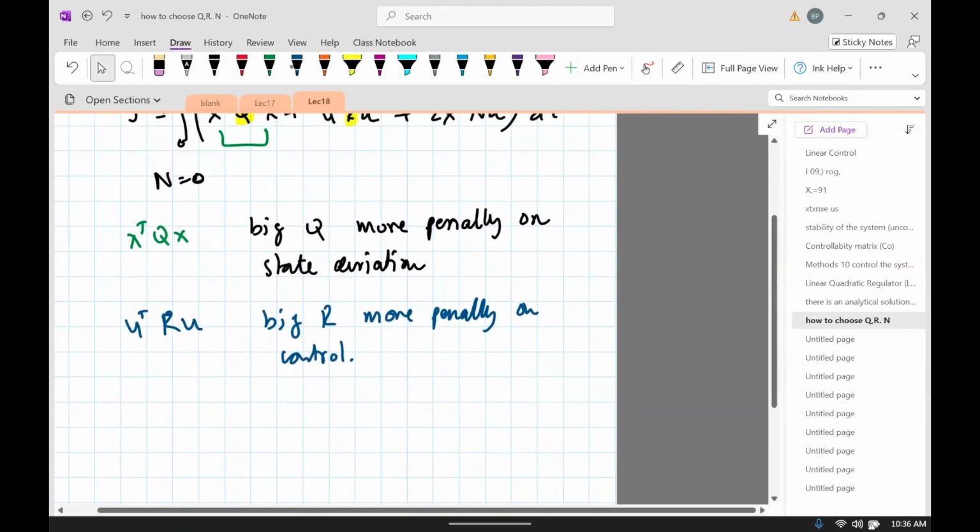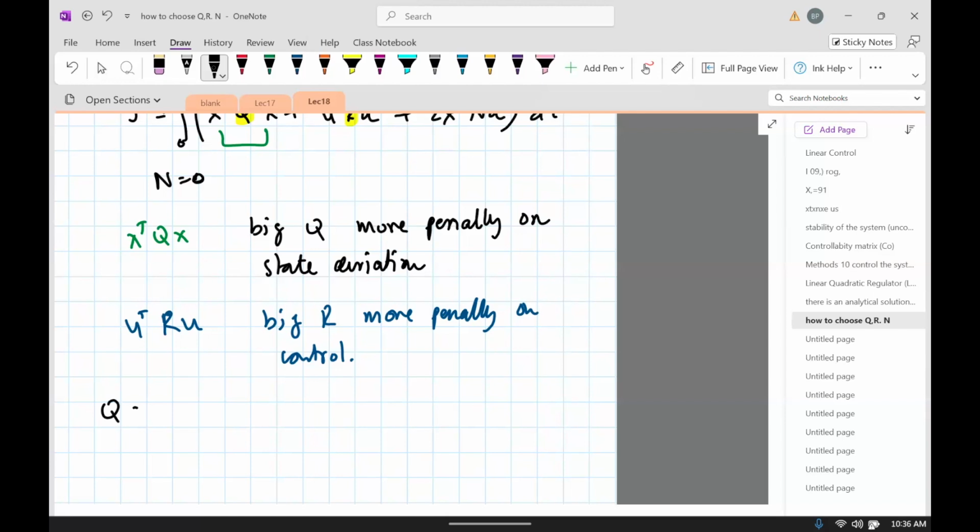So this is just a one scalar example, but how do you do it for something which has 4 states? So what you will do is this, Q, set it up like this. So it's an n by n matrix. So put Q1.